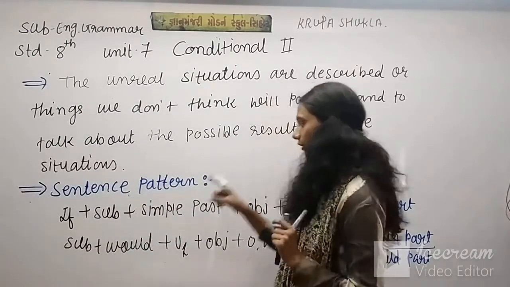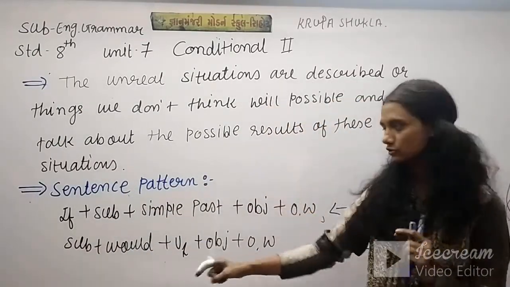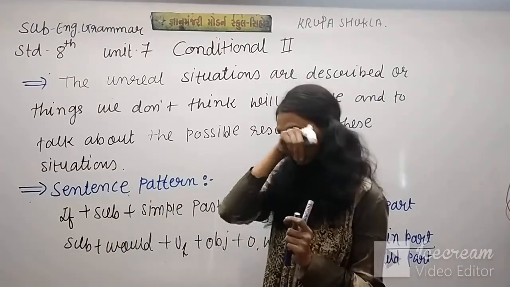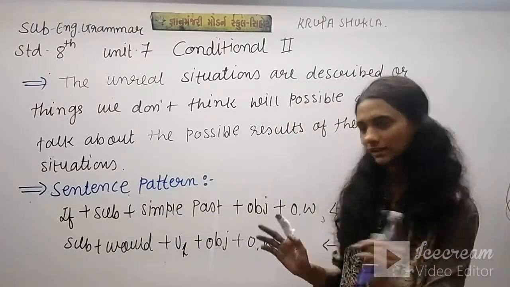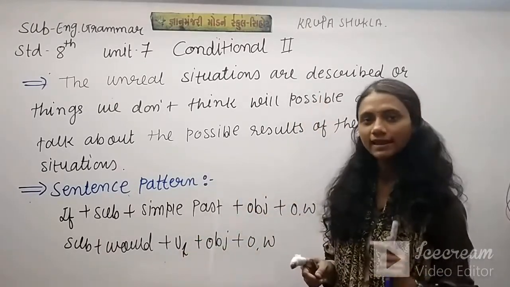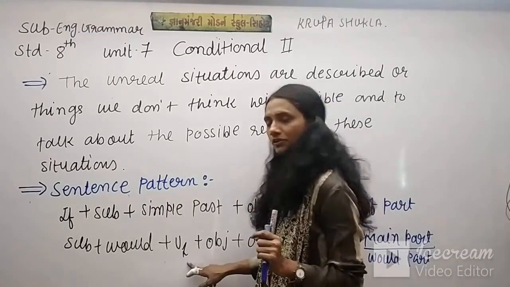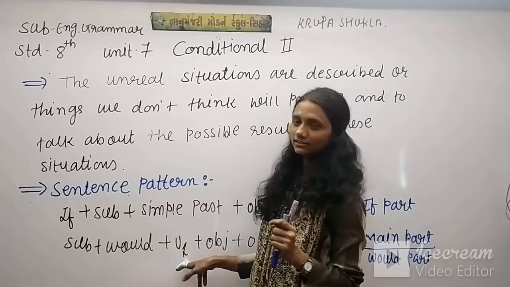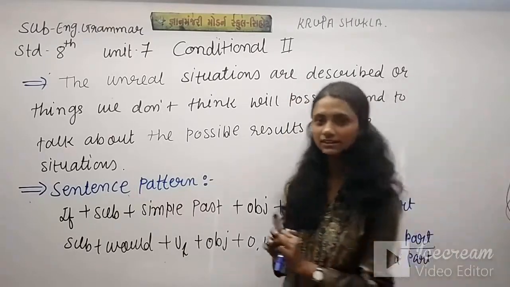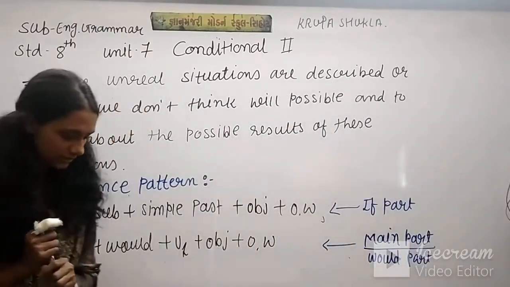Remember students, only simple past is used with if. Only one word is used, that I will describe. But here you have to use would. And as we are using would, V1 is a must. You can say it infinitive too. Please note down this. After that I will give you sentences. Note down this students.